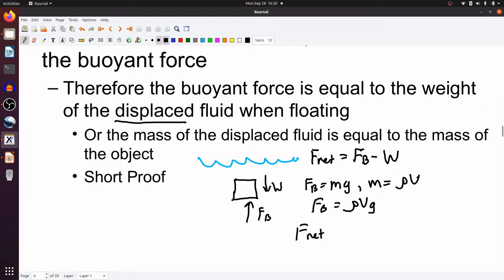So a general sink float equation is rho Vg minus mg, where this rho is the fluid. Of course, this V is the displaced volume and g the gravitational constant. And so this is a float sink equation that we might use occasionally. But this kind of shows you how something will float. As long as rho Vg is higher than the weight that you have, your object is floating.